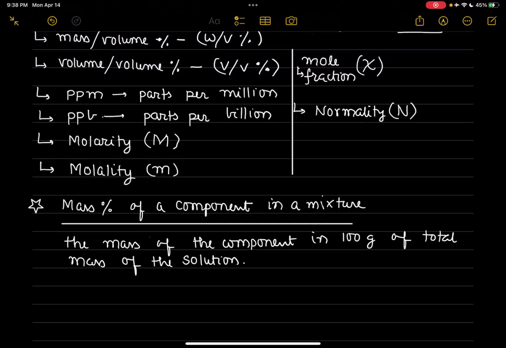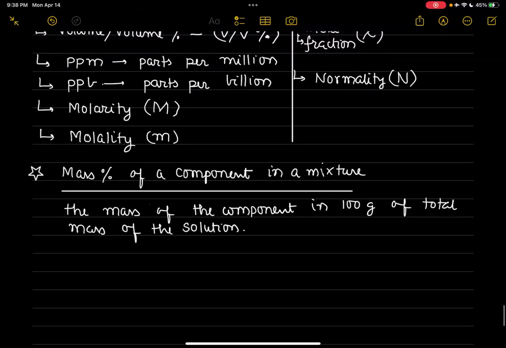So what is the mass of a component in 100 gram? It's the mass percentage.